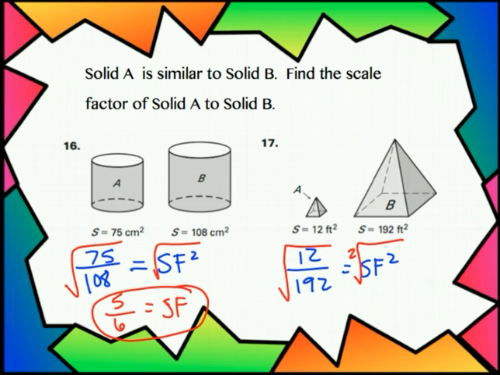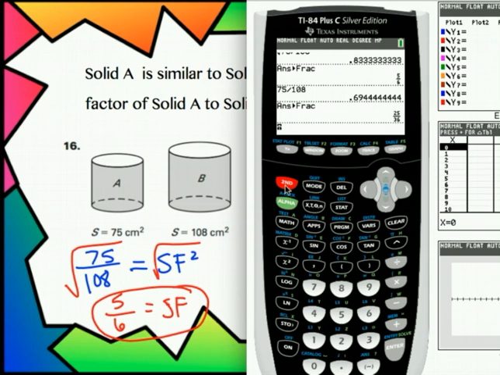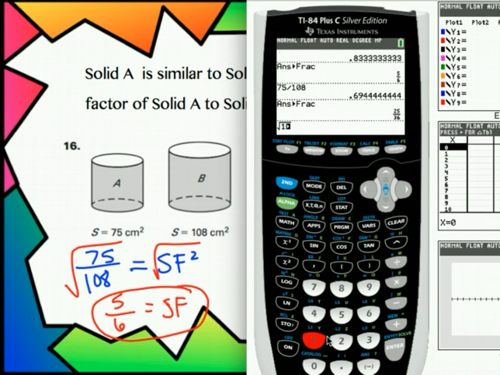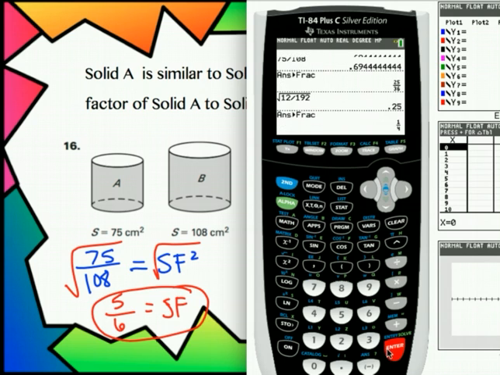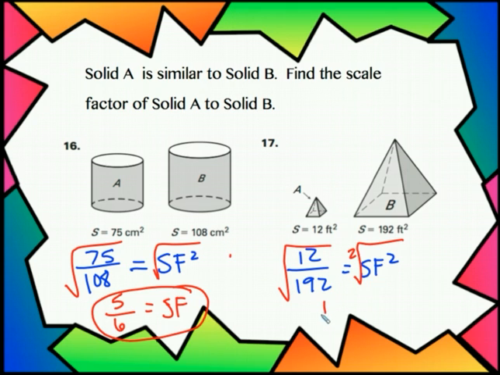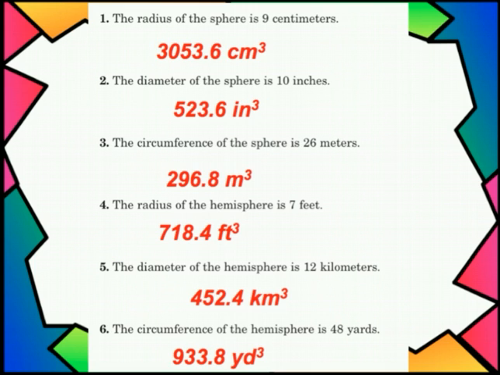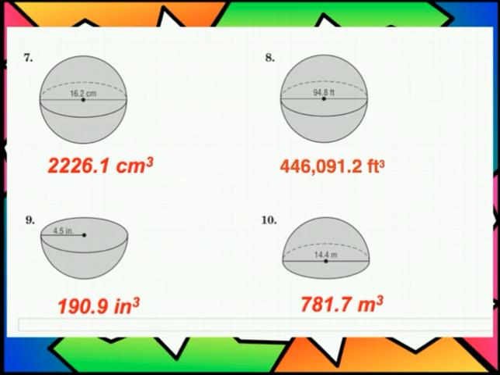Like those aren't perfect squares, but they'd probably reduce to some. But let's just do it in the calculator so we don't have to worry about it. Is it 192? Yeah. 1 over 4. All right. But I guess that's it.